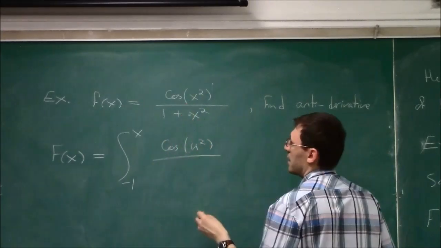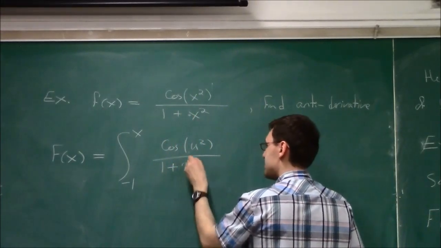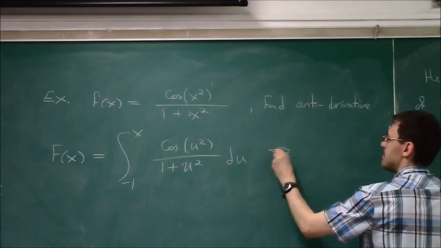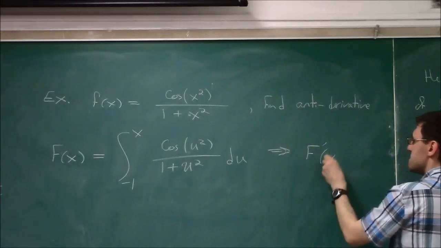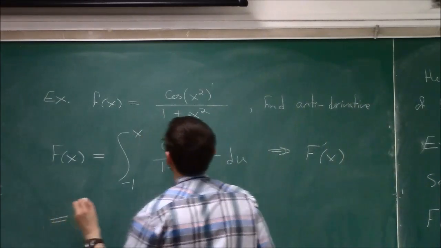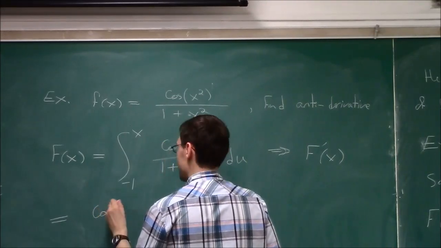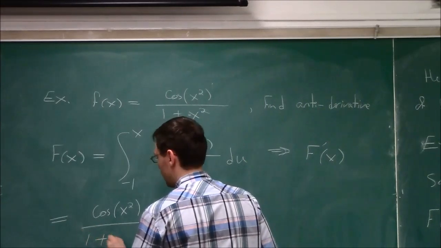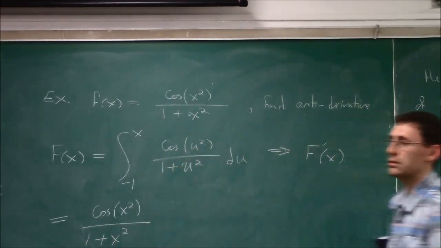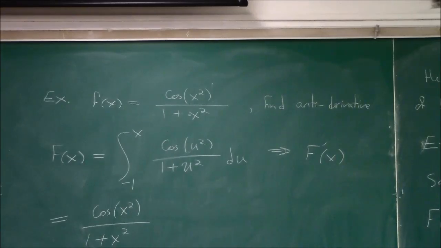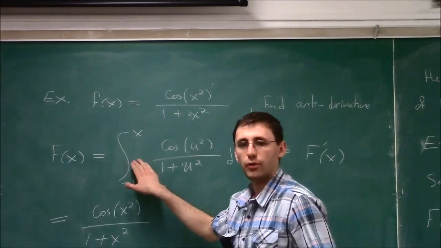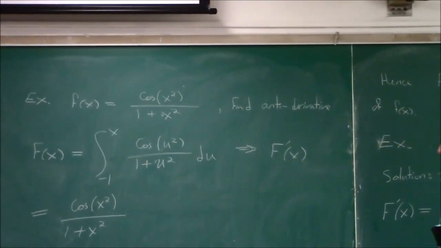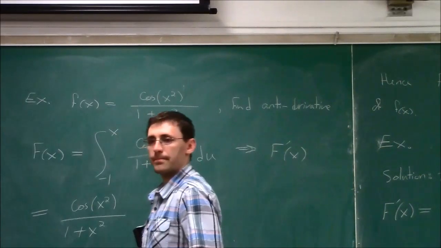You have to switch the variable. Then the derivative of this function is cosine of x squared over 1 plus x squared. Do you understand what happened here? I was not able to come up with a simpler form of an antiderivative, but I was able to come up with some form of antiderivative.